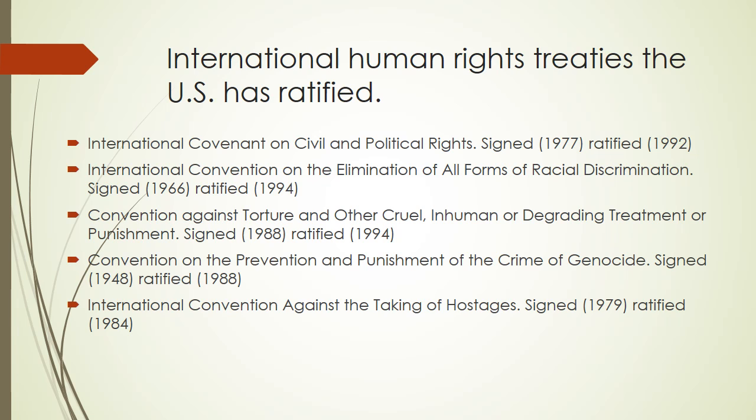Convention Against Torture and Other Cruel, Inhuman, or Degrading Treatment or Punishment, signed 1988, ratified 1994. Convention on the Prevention and Punishment of the Crime of Genocide, signed 1948, ratified 1988. International Convention Against the Taking of Hostages, signed 1979, ratified 1984.